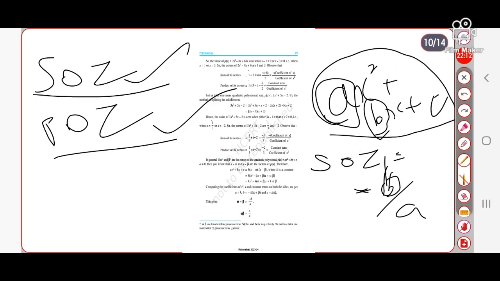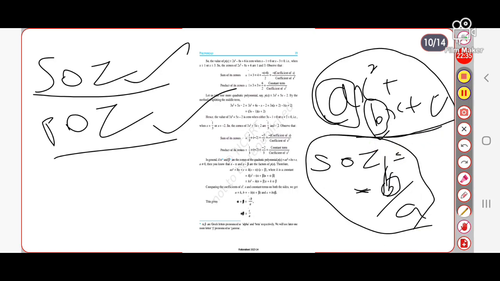With numbers, for example 2x square plus 3x plus 3, at the B position it is 3 and at the A position it is 2. So the sum of zeros will be minus 3 by 2. It is the same for everything. For general representation, it is given as minus b by a for ax square plus bx plus c. So that is for calculating the sum of zeros.